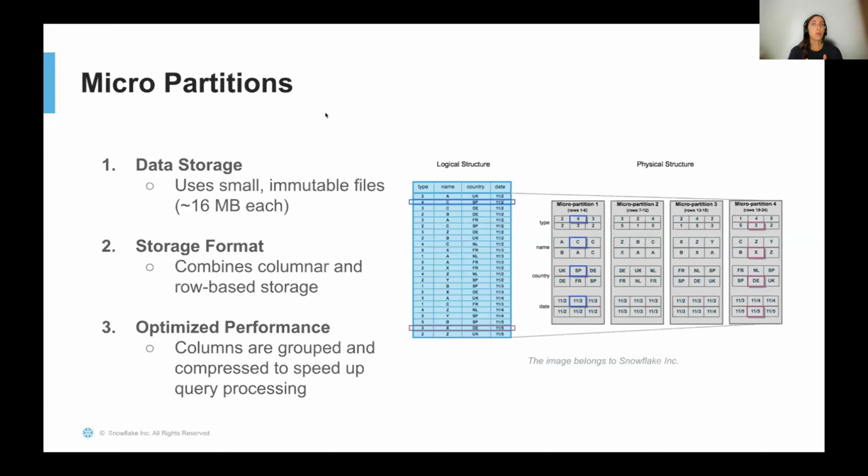When we talk about micro-partitioning, it's always important to keep in mind that micro-partitions are used to optimize performance. So again, columns are grouped to speed up query processing. You can also have a look at the image on the right to better understand what micro-partitions are.